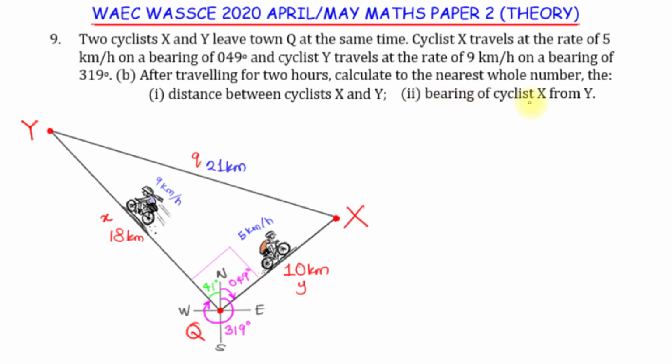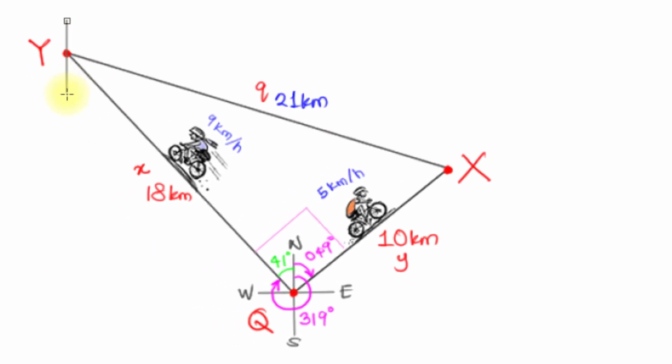Now we have to find the bearing of cyclist X from Y. From Y means that we need to go to Y to consider taking our cardinal point from there and look at the bearing of X from Y. So we can go to Y to take our bearing, just the 4 cardinal points that we'll be needing.